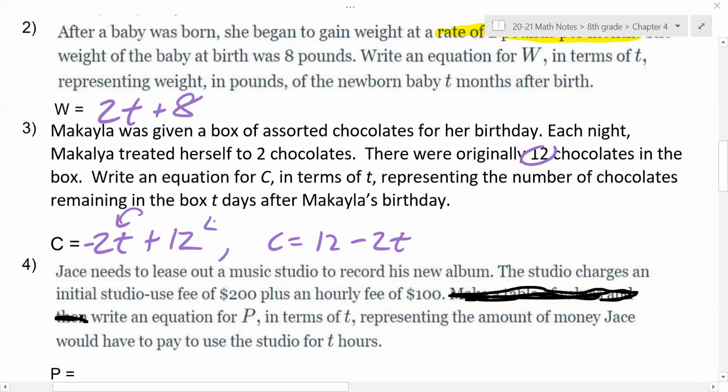Now these two here are actually the same thing, but I want you guys to use the form of y equals mx plus b, and they're just substituting in there. It's not y, they're using c. It's not x, they're using t.